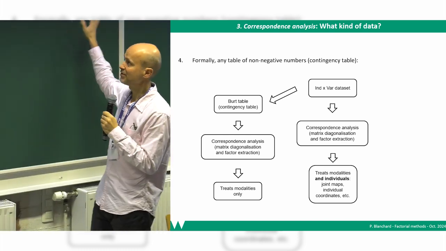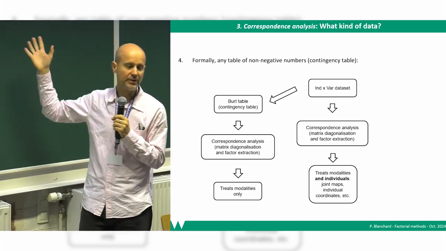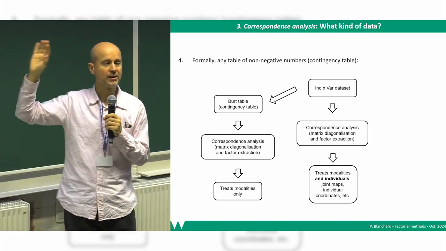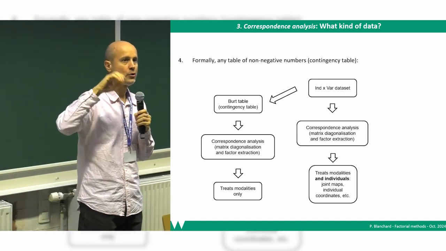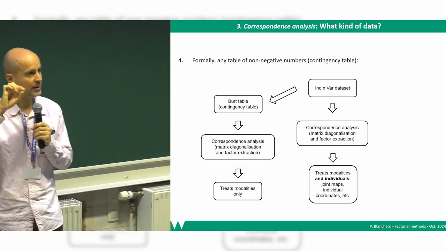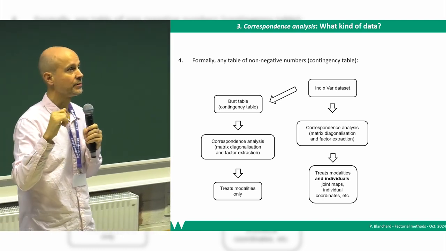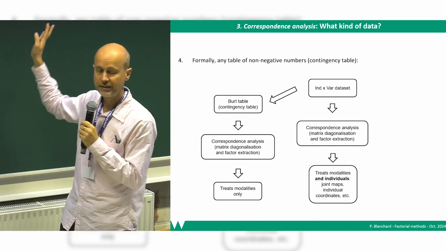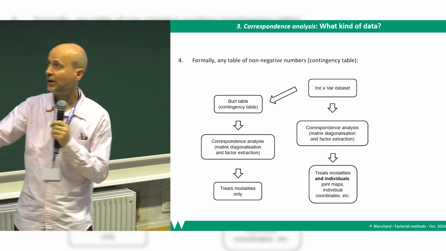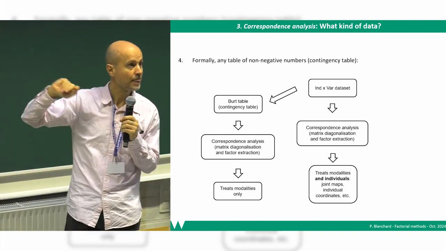which is to make a big table on paper. It's a symmetric matrix that includes all your pairwise cross-tabulations between all your variables. So if you have 10 variables, on average 3 categories for each, you'll have a 30 by 30 table.